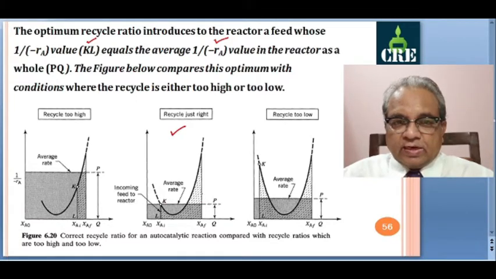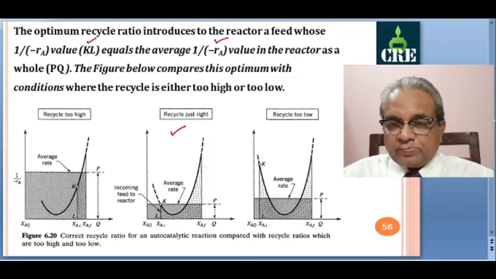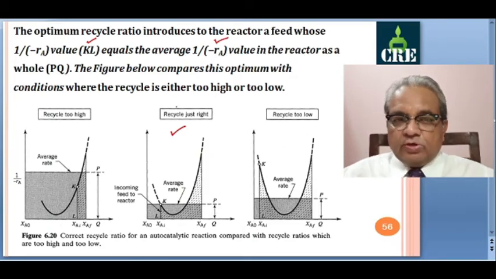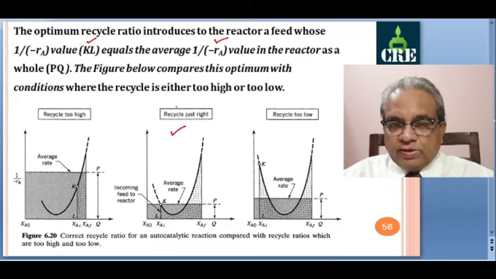This matches exactly. Other conditions will be either recycle ratio too high or too low. When it is too high, this XAI is higher, near this XA final value. For lower values of XAI, the recycle will be too low. Now this we will discuss again when we solve the problems, and things will be more clear to you.